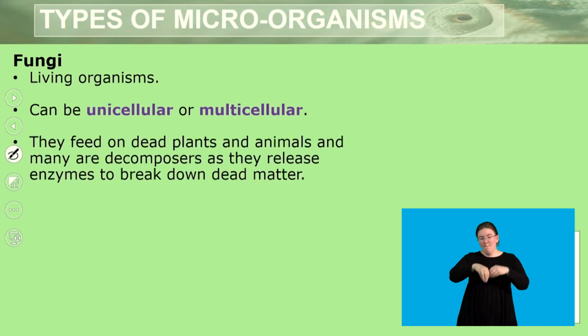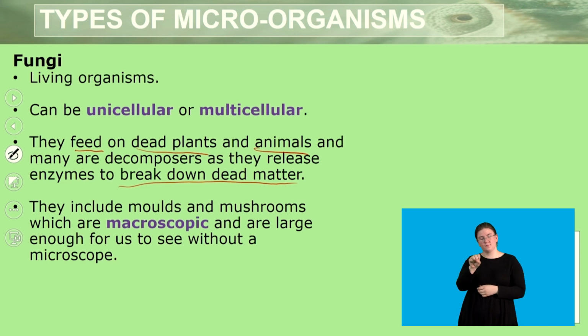They feed on dead plants and animals, and many are decomposers, and they release enzymes to break down dead matter. An example of fungi would include items like molds, like bread mold, and mushrooms, and these are macroscopic and are large enough for us to see without a microscope.